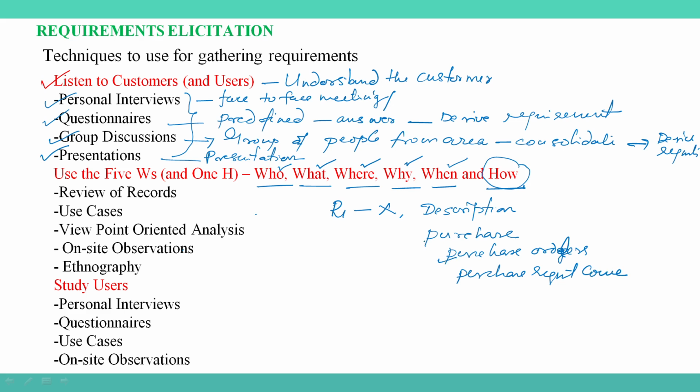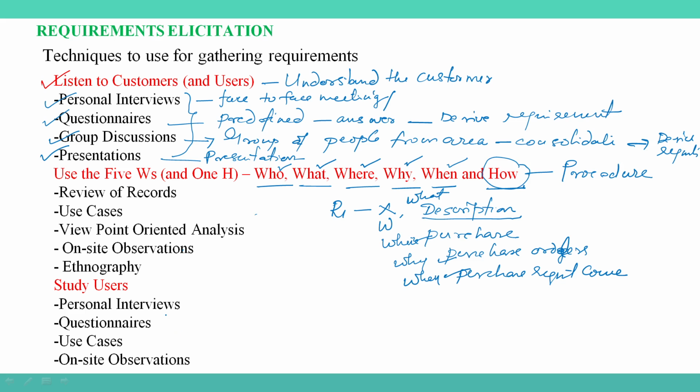So it is to be done in purchase, and the description is generating purchase orders. Now the question is how. This how gives the procedure to generate the purchase orders.